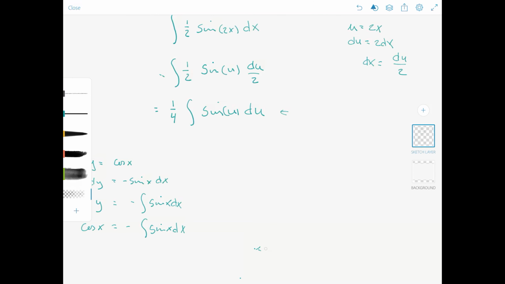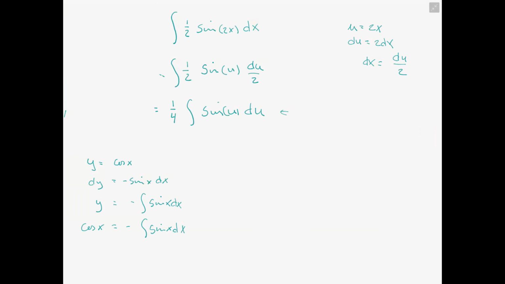So we end up with 1/4 times negative cosine of u plus c, and that's equal to minus 1/4 cosine of 2x plus c.